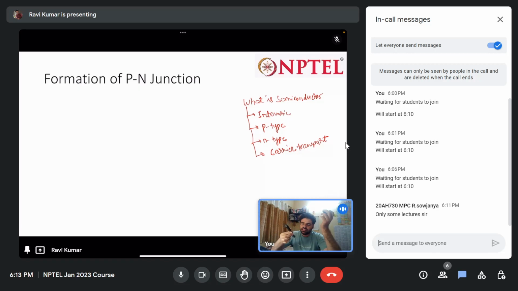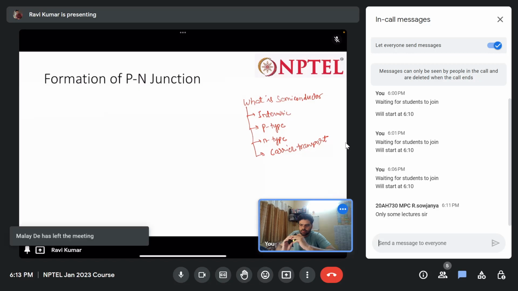If this is a p-type semiconductor and this is an n-type semiconductor, do we join them like this? Or if we just join them with a conducting wire, will it be a PN junction? So when will it be a PN junction?